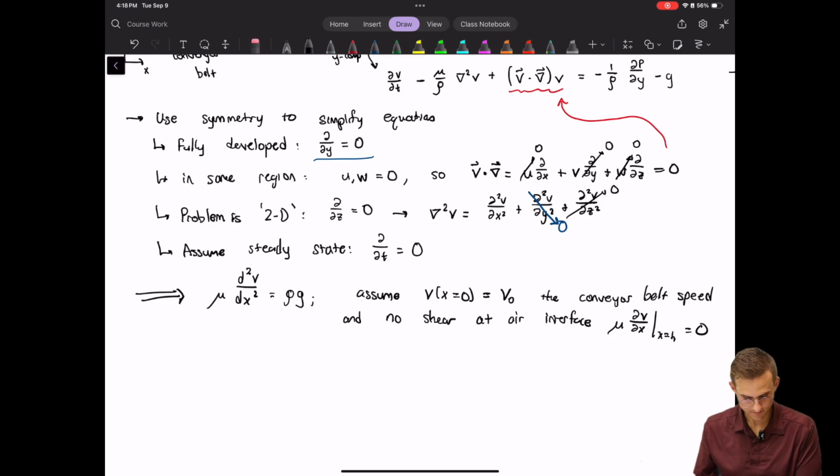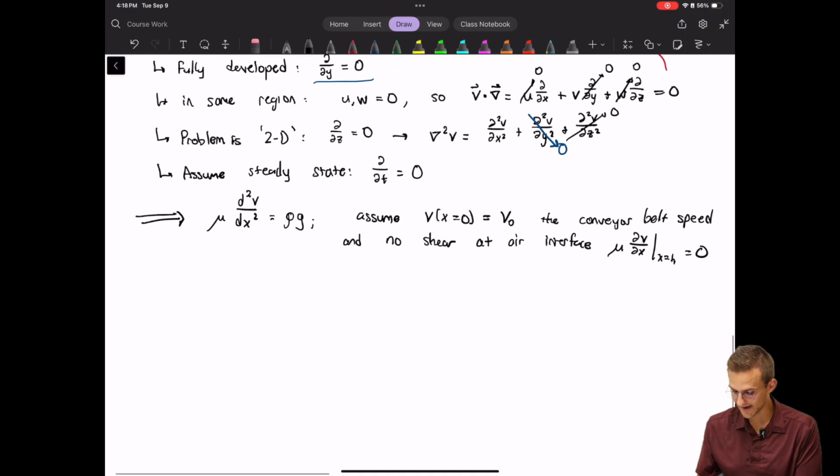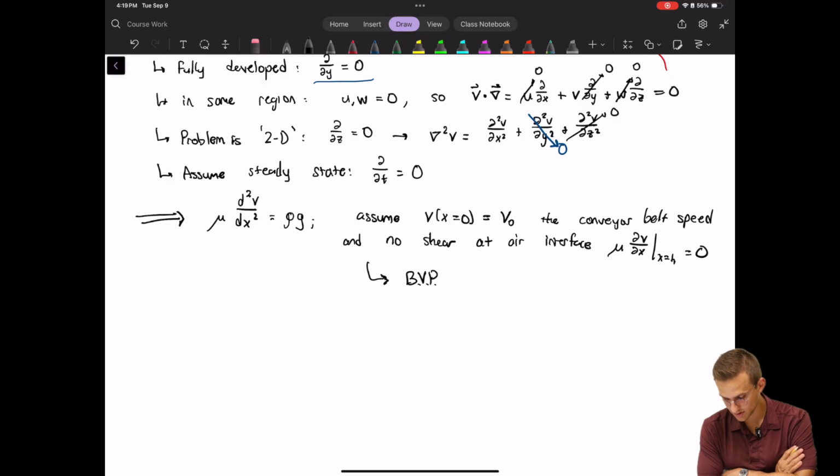Okay, and so since we've specified these two conditions at these two locations, this results in a boundary value problem. And we can also solve this. This is a second order non-homogeneous equation, but it's integrable.